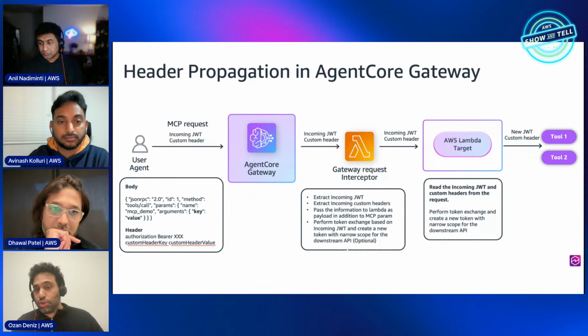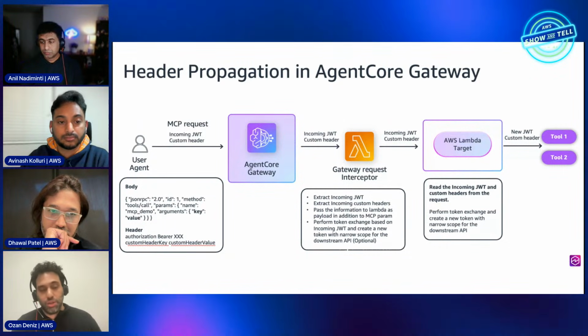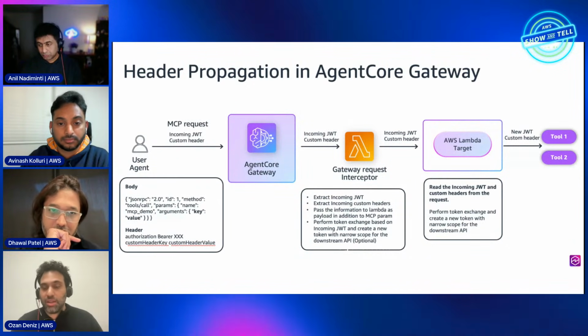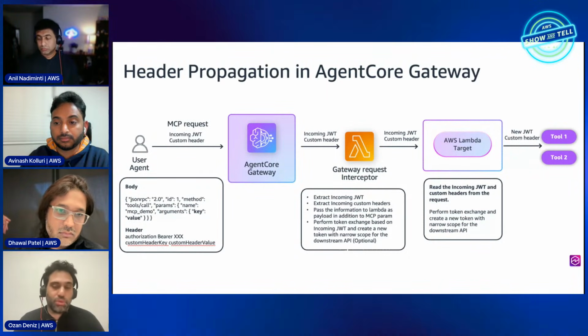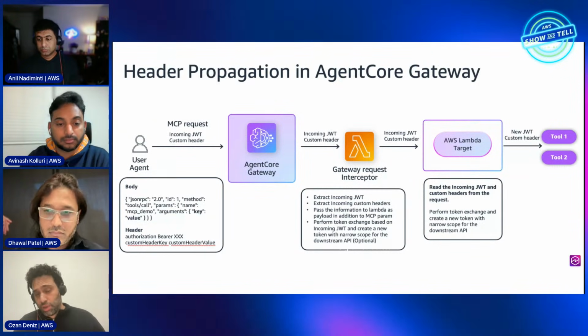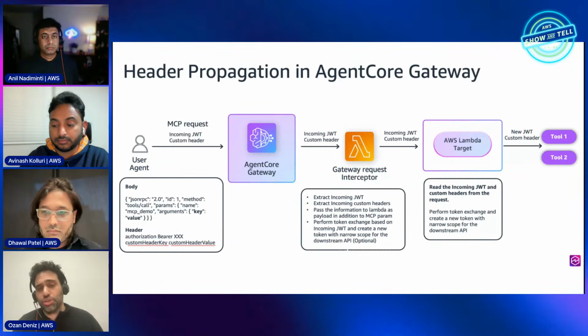This gives so much advantage to the developer, as you can do the token exchange at the interceptor level, or you can pass it downstream and let the downstream targets do the token exchange and get the new token to access the downstream services. That gives a huge advantage and allows developers to build an end-to-end secure system.